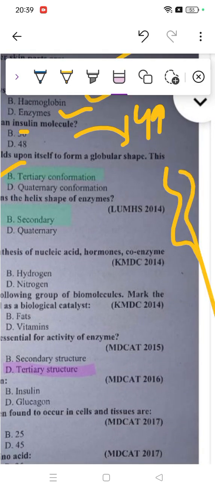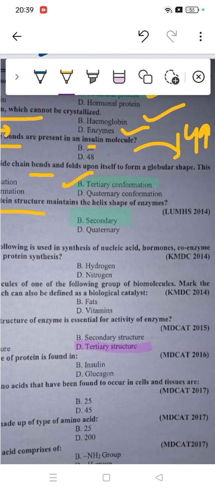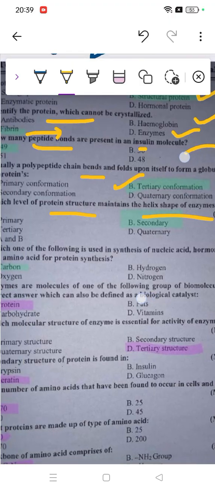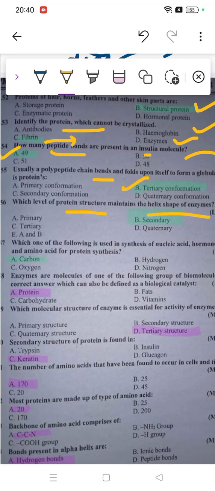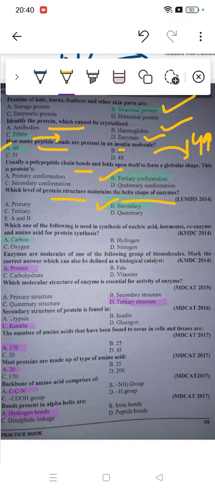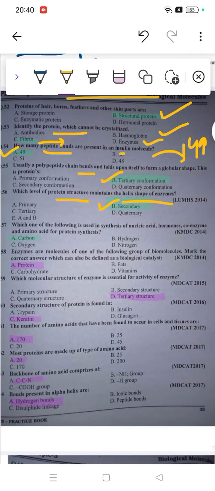Otherwise we have always heard DNA is a helix-like structure, and double RNA as well, single-stranded helix-like structure. But here they're asking which level of protein structure maintains the helix. That's secondary, which keeps the enzyme's shape helix-like.